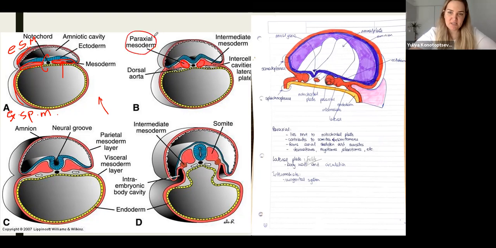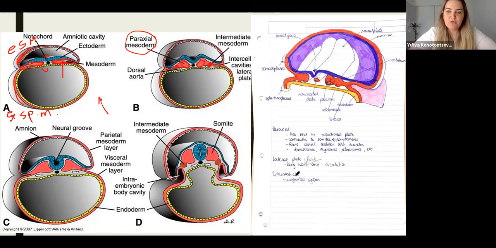And you can guess that paraxial mesoderm is going to give rise to the axial skeleton, right? We said that notochord simply pretends to be the axial skeleton, while paraxial mesoderm is the one which will definitely give rise to it.